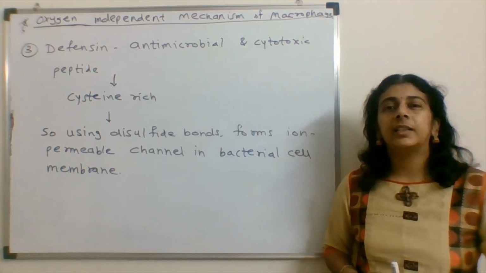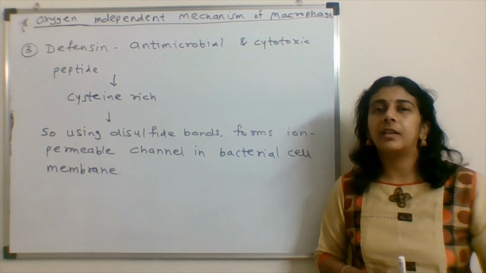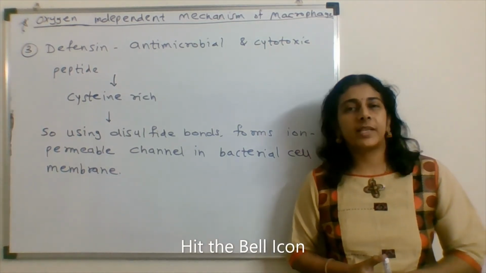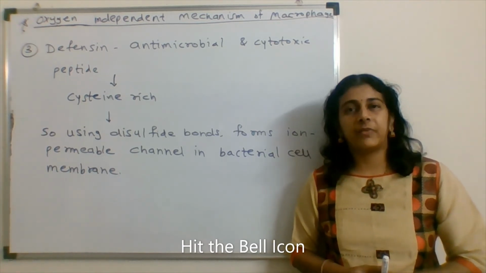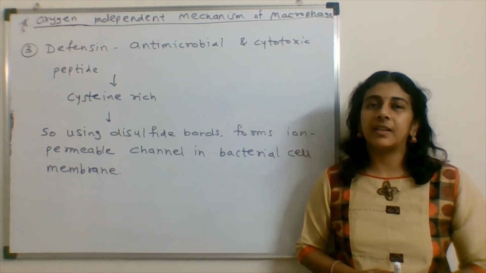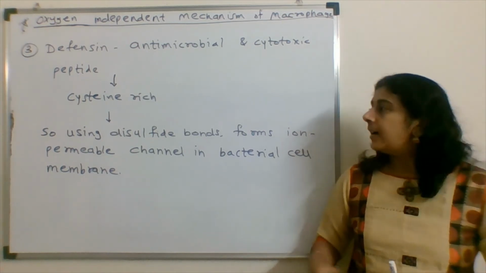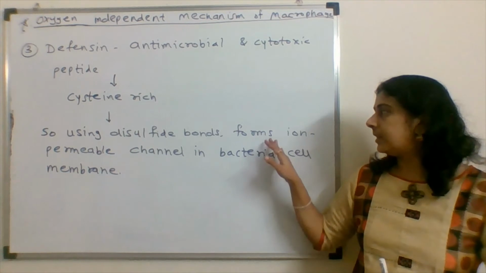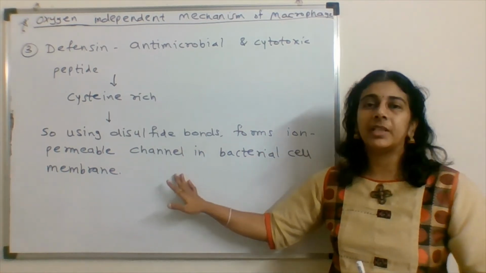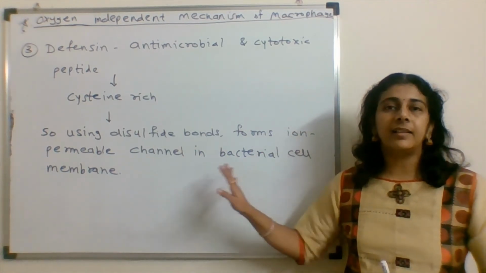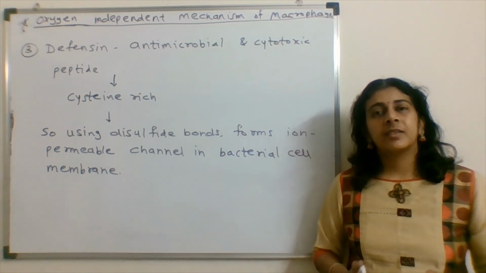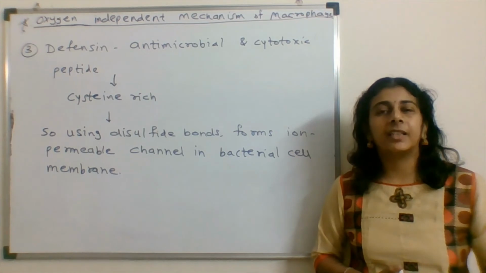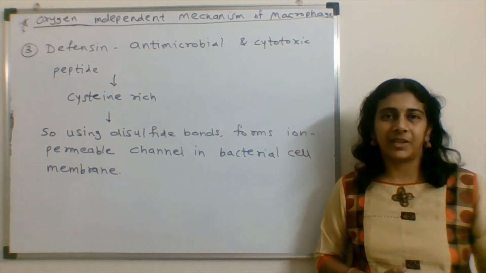This is a protein rich in the amino acid cysteine. Due to the presence of cysteine in a defensin, it can form disulfide bonds. Using disulfide bonds, this defensin forms ion permeable channels in a bacterial cell membrane. Due to this, bacterial killing can occur and it can have an antimicrobial effect.